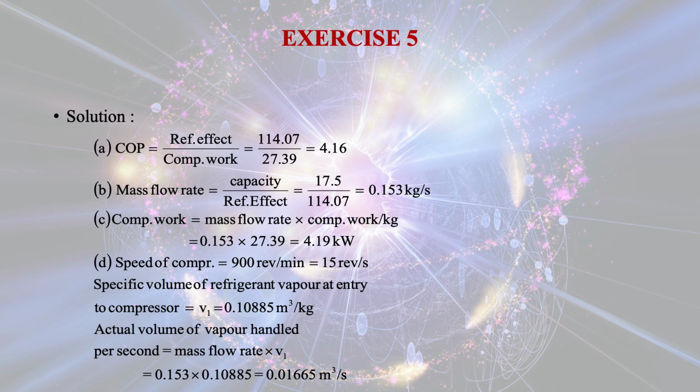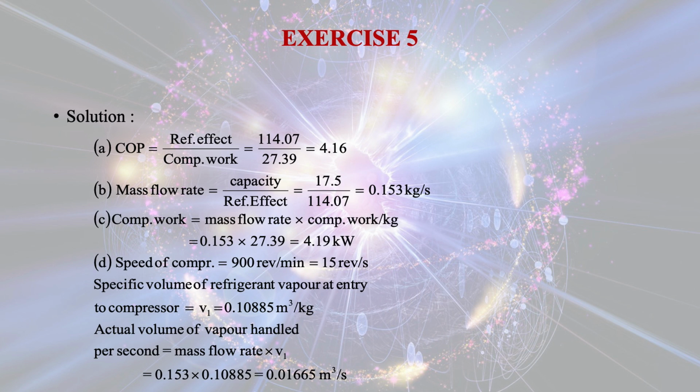The COP is equal to refrigerating effect divided by compression work, that is equal to 114.07 divided by 27.39, which is equal to 4.16. The mass flow rate is equal to capacity divided by refrigerating effect. Capacity is given as 17.5. Refrigerating effect, that we have already calculated, is equal to 114.07.